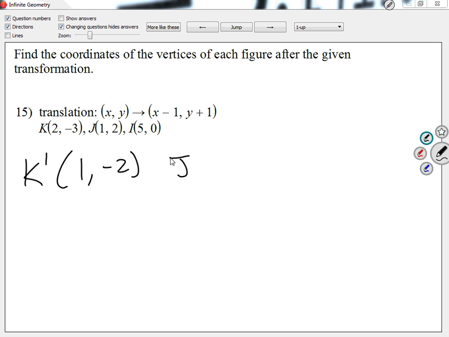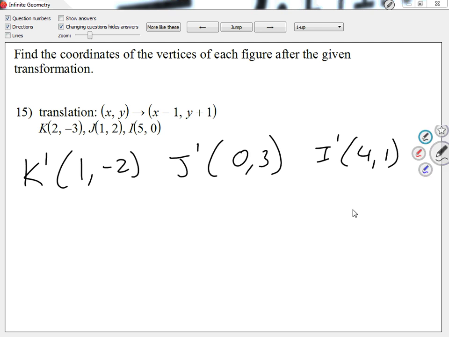What do you guys get for J prime? 0, 3. Nice. What do you guys get for I prime? 4, 1. Once again, we subtracted 1 from the x's and we added 1 to the y's.